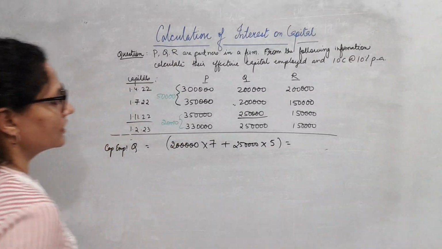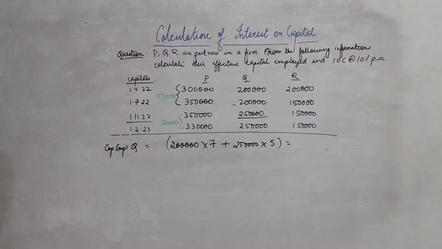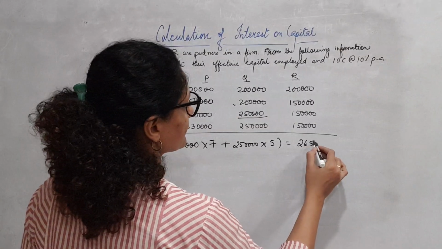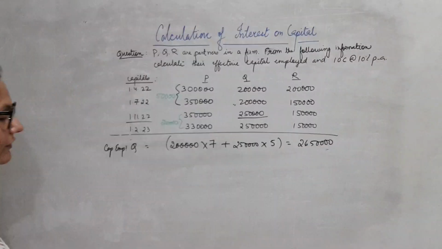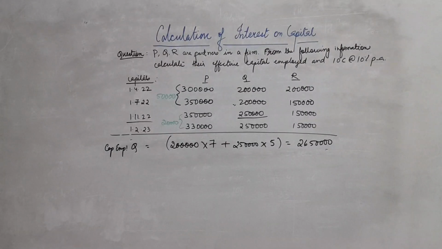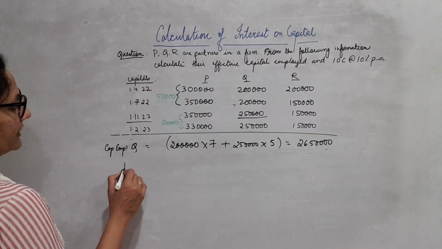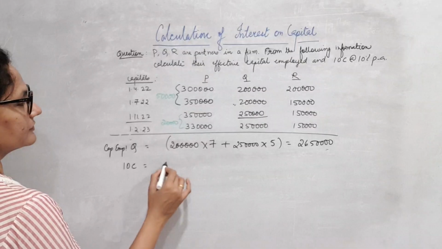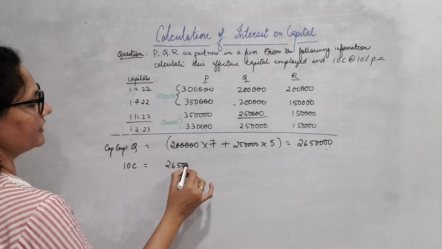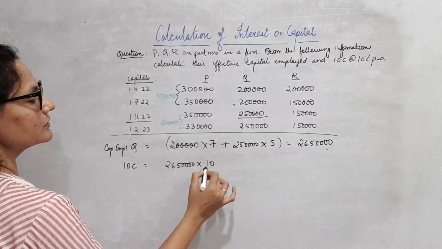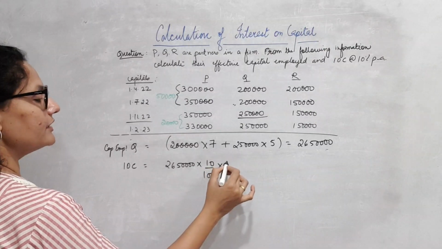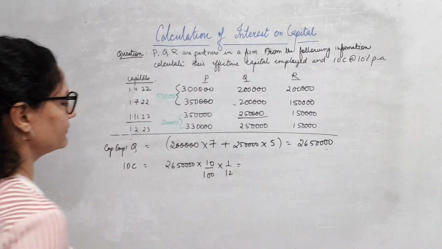So if you multiply, you should get 26,50,000. This is your effective capital employed. Interest on capital for Q is effective capital employed into rate of interest into 1/12.